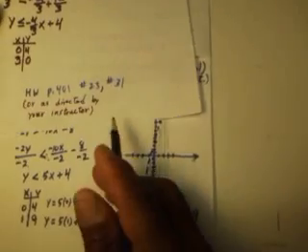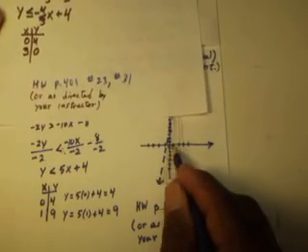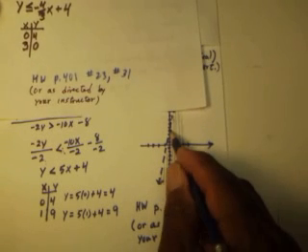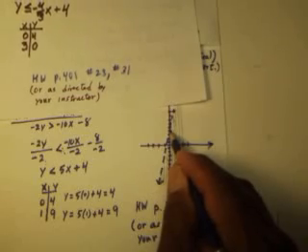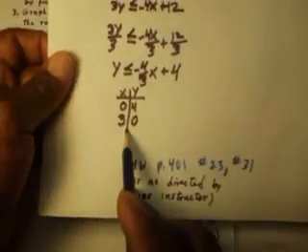Okay, 0, 4. I don't go any right or left. I just go up 1, 2, 3, 4. So that's the same as the point I already have there. And then I go 3 to the right. I have 3, 0.